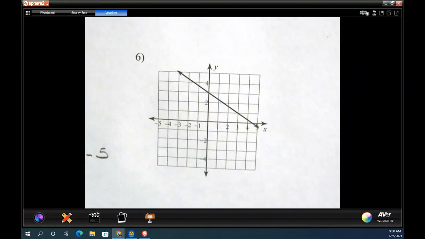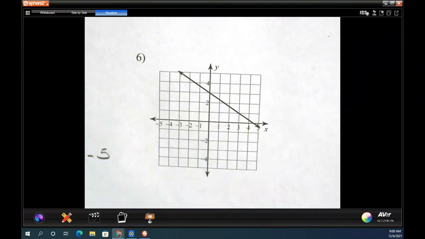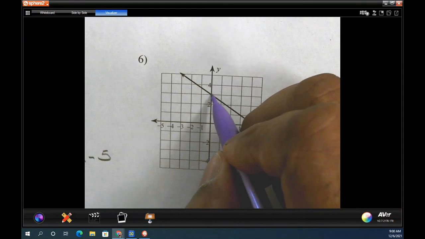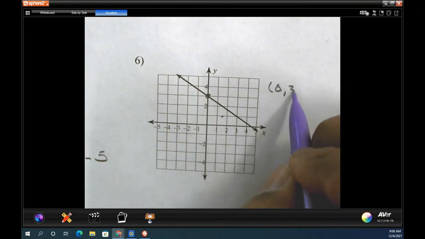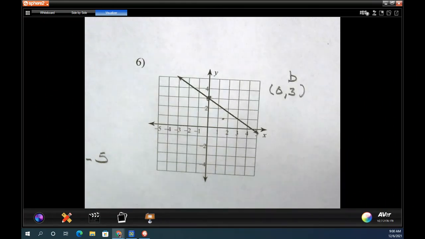Try number 6. Last one that I'm going to turn you loose on this today. Find the y-intercept first. There it is. (0, 3). There's your b.